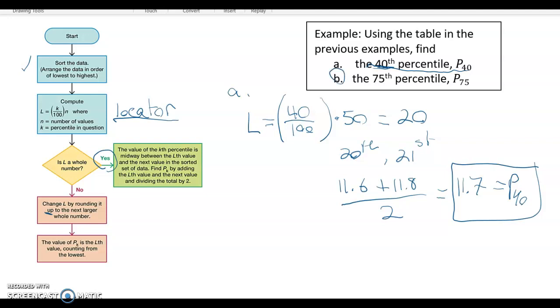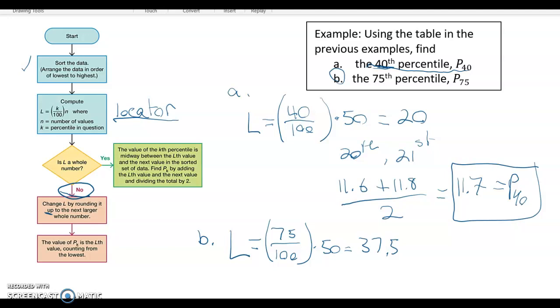Let's find the 75th percentile. So we're going to find a locator this time that is 75 over 100 times 50. So 0.75 times 50 is 37.5. We need to ask ourselves, is this an integer value? No, it's not.